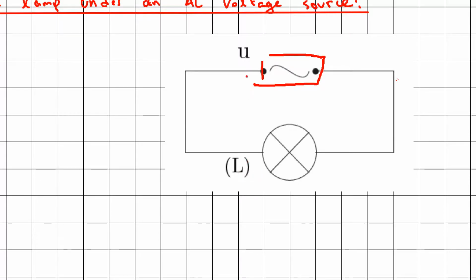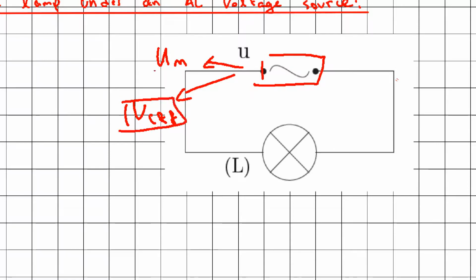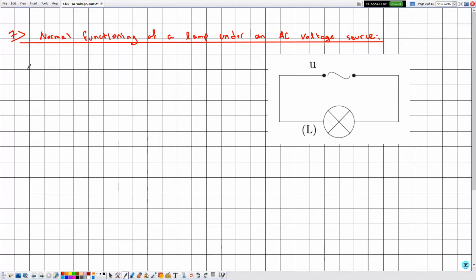But here the problem is that we have two values for this voltage. We have the maximum voltage and we have the effective voltage. In order to describe the functioning of the lamp, we always consider the effective voltage and not the maximum voltage.